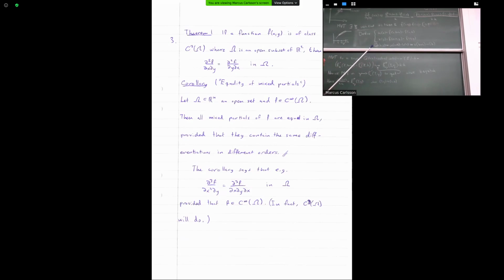And this is no surprise, right? Because here I had approximately equal to. So the second partial derivative was approximately equal to this quotient. What we have here is that the second partial derivative of the mixed partial is exactly equal to this. But instead I pay the price that the point is a bit different, right?